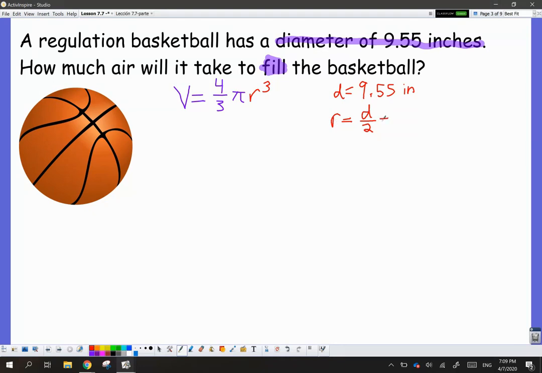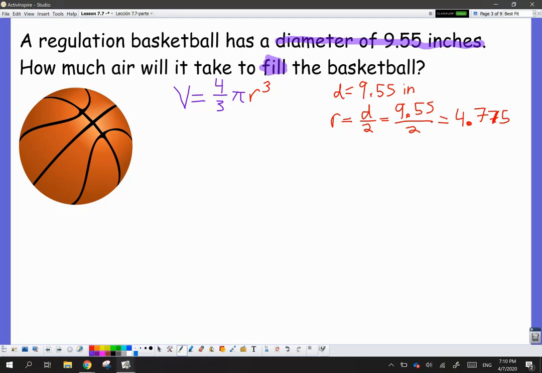So my diameter being 9.55, I divide that by 2, and I end up with 4.775. So my radius is 4.775. Now I'm not going to round it yet. I'll round it at the end. Right now I'm happy to keep my radius with 3 decimal points.